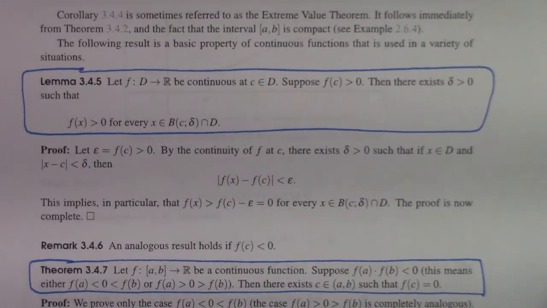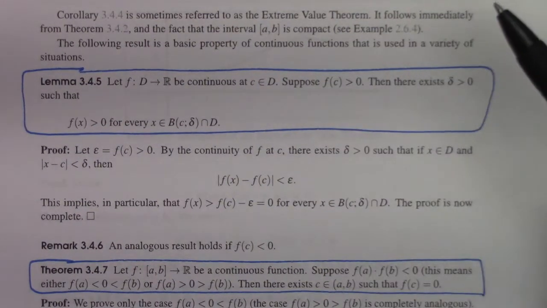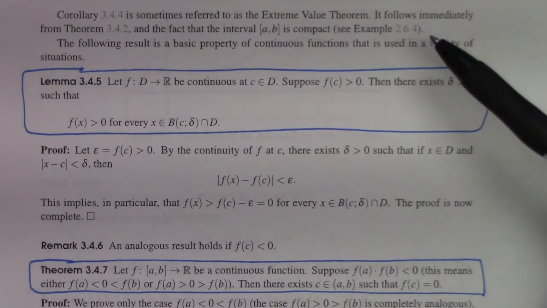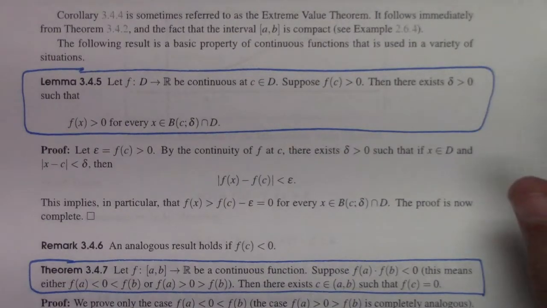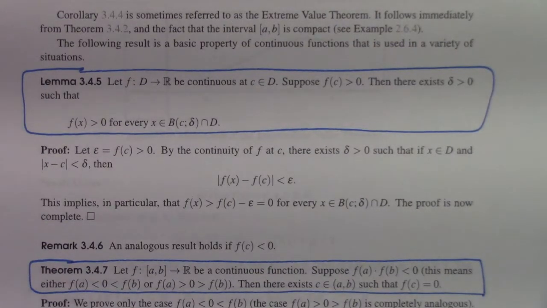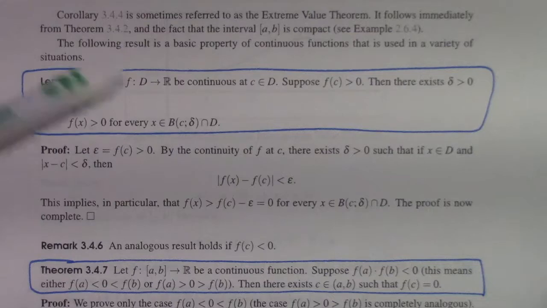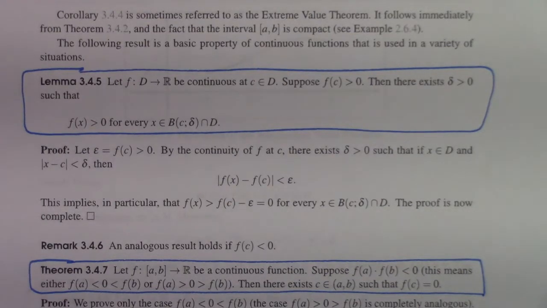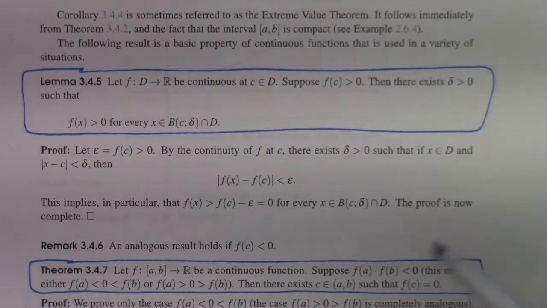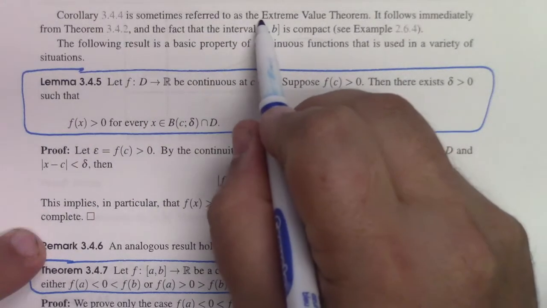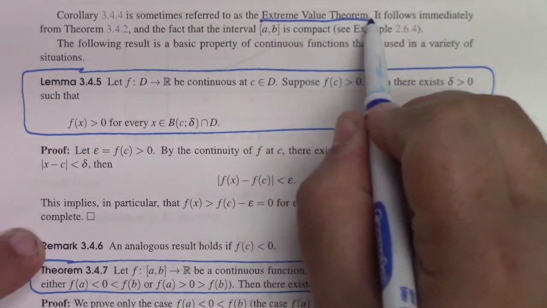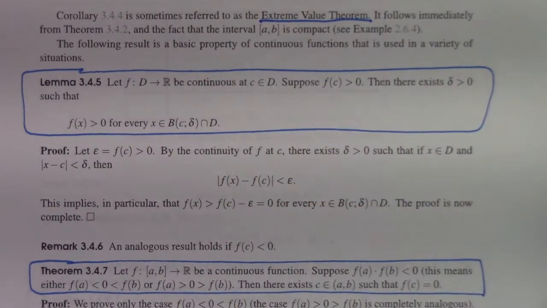Next up, we are working towards what's called the extreme, oh, excuse me. Back it up for a second here. The closed interval method is also sometimes called the extreme value theorem. Actually, I wouldn't use that. To me, the extreme value theorem is a more general theorem, and the closed interval method is a specific application of it.